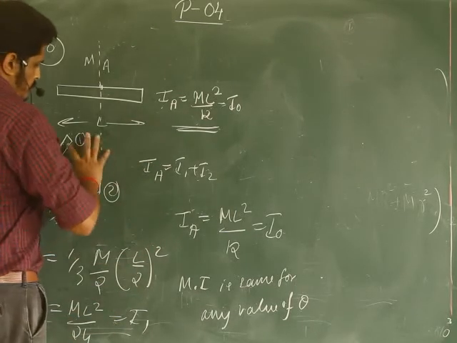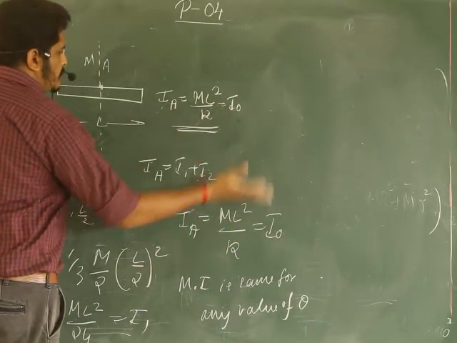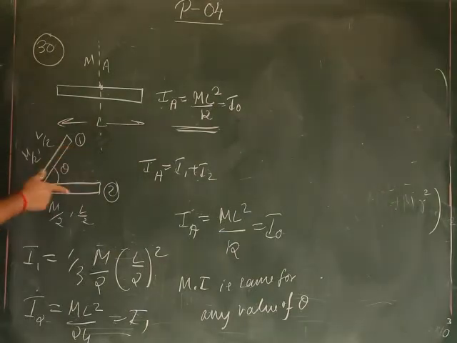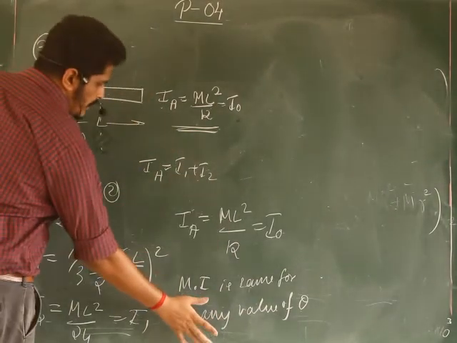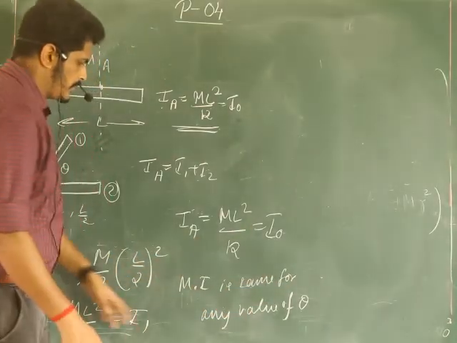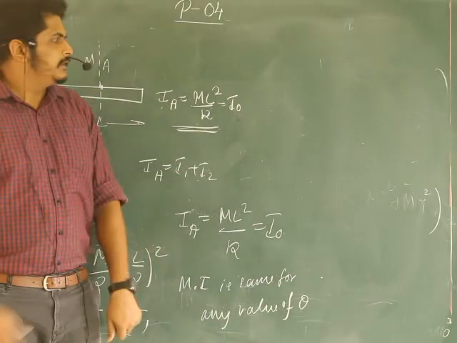So the total moment of inertia is I1 plus I2, which is nothing but equivalent to I0. That means if you bend like this also for any angle theta, the moment of inertia remains one and the same. So that is what I have written: moment of inertia is same for any value of theta. So that is all about the 30th question.